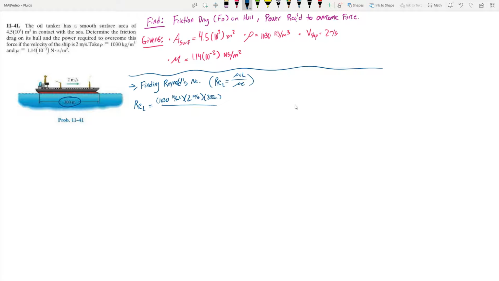And then our viscosity is given. So if we evaluate that, we get a Reynolds number of approximately 542.105 times 10 to the 6th.